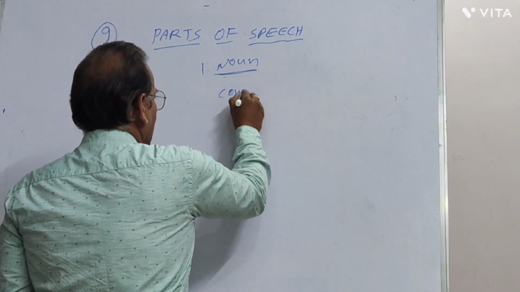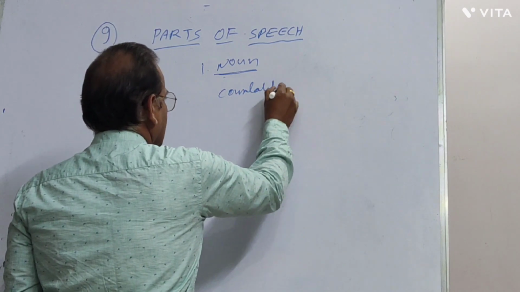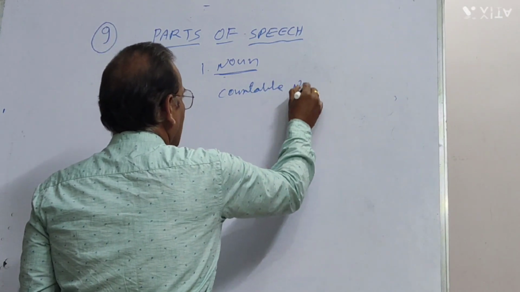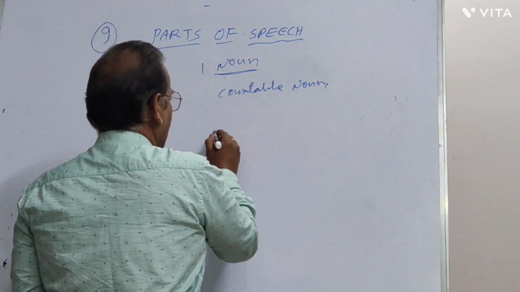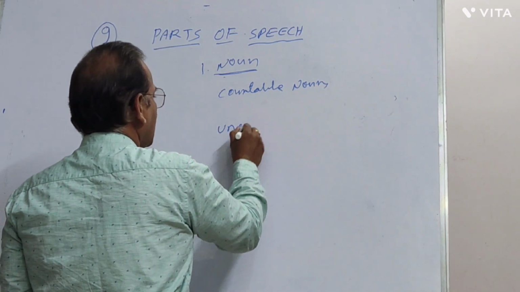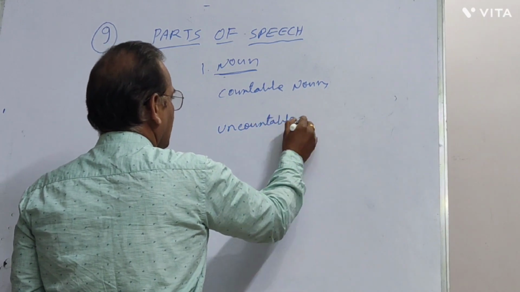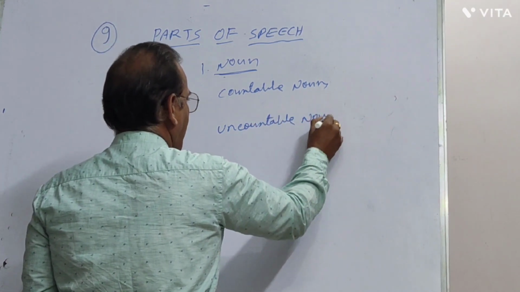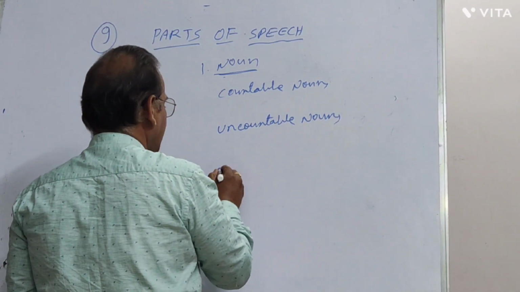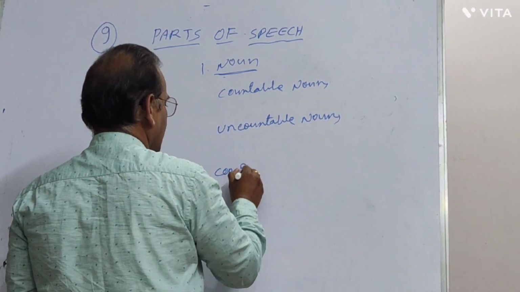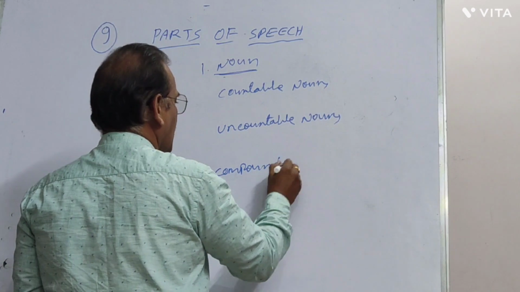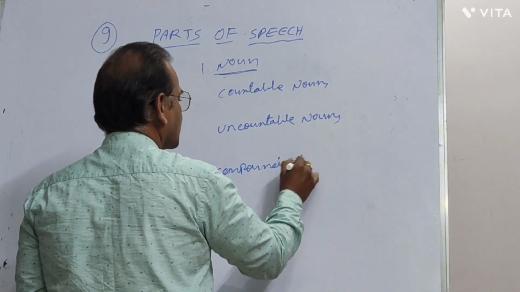First one is countable nouns. Next, second one is uncountable nouns. Next, another one is compound nouns.